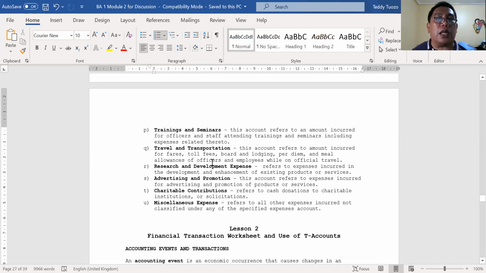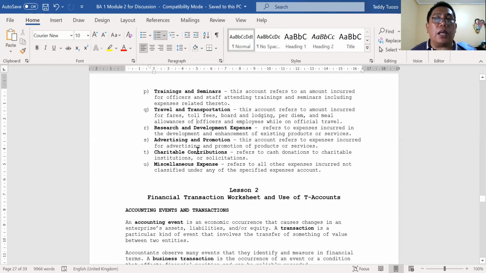Travel and transportation, such as per diems, are for when you attend an official function for the business.